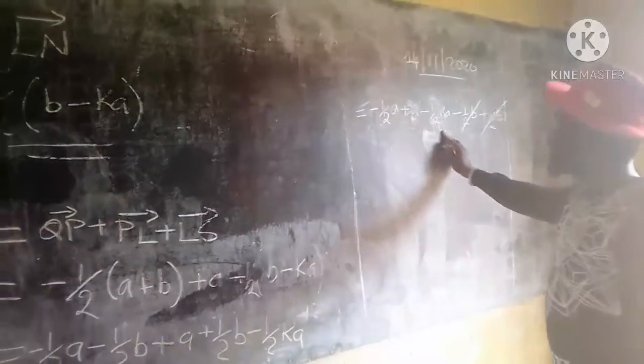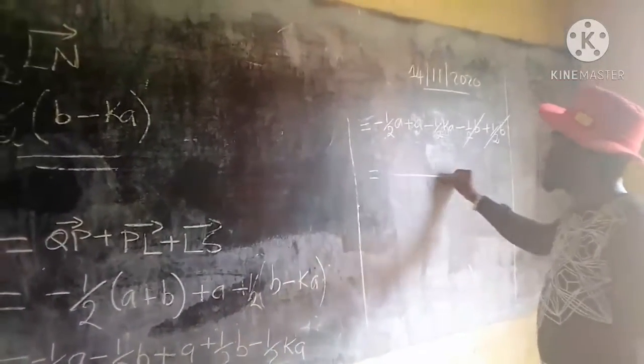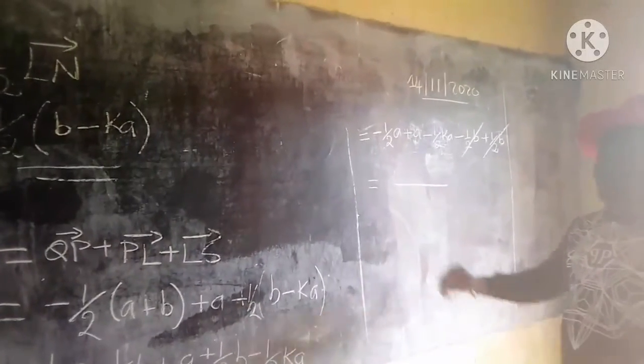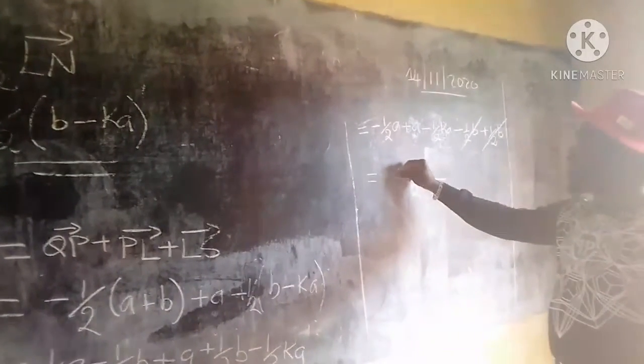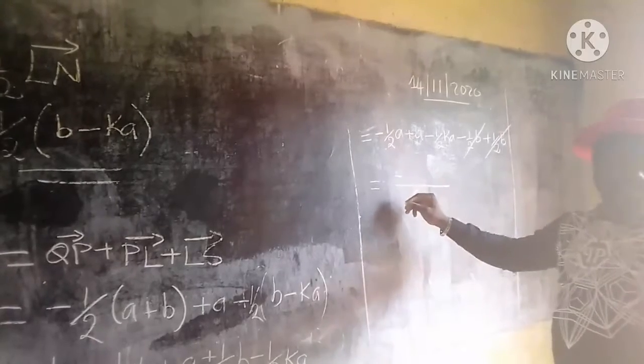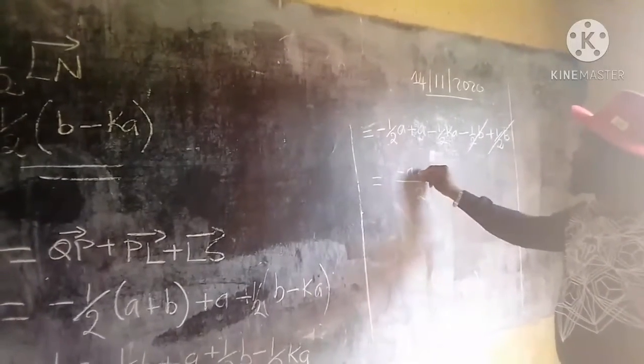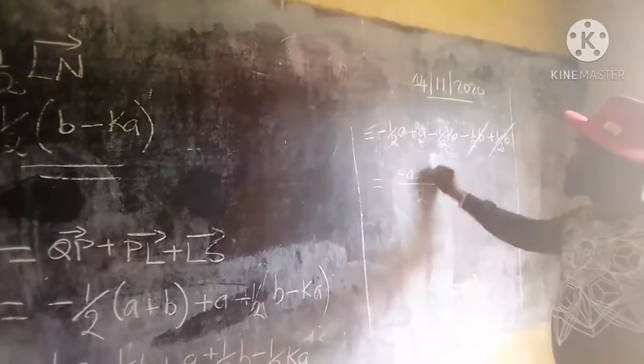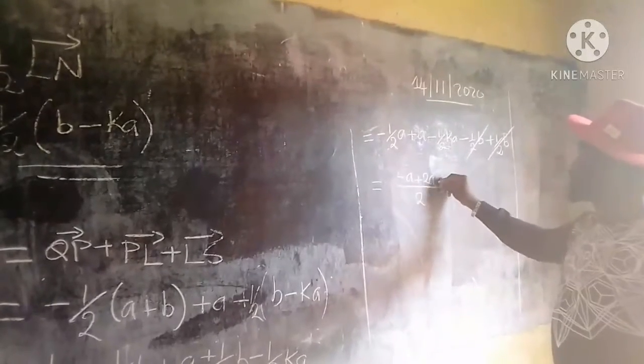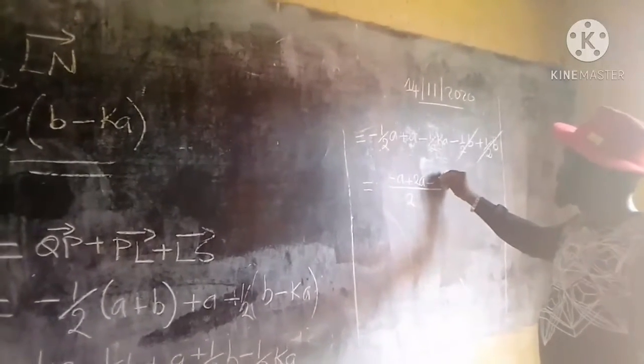So we are left with this. We can take the LCM, which is 2. Here we are going to have minus A plus 2A minus KA.